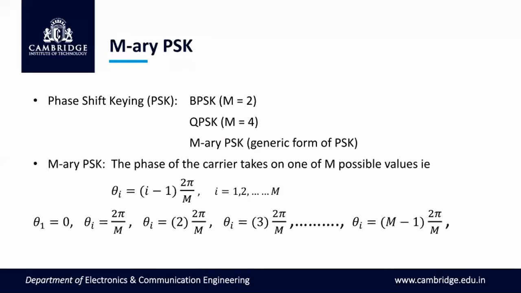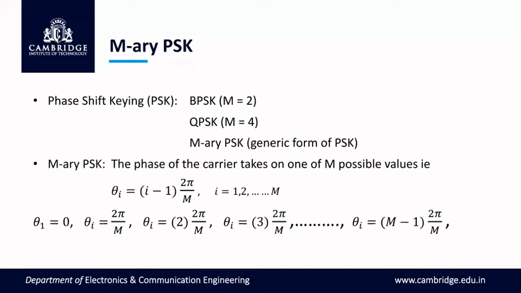In BPSK, to represent these two binary symbols, we choose two different phase values for the carrier signal. The carrier signal's amplitude remains constant throughout for both the symbols. Frequency also remains the same for both the symbols. The only changing part is the phase.